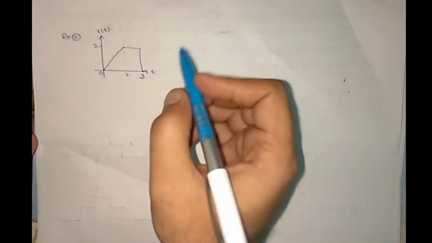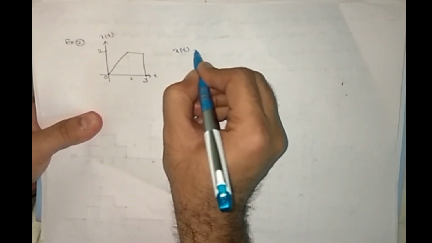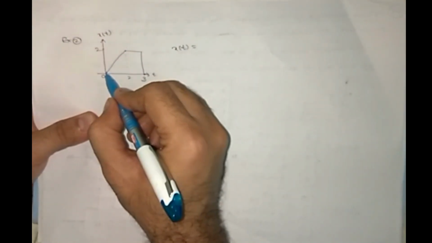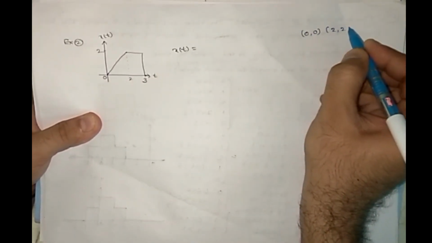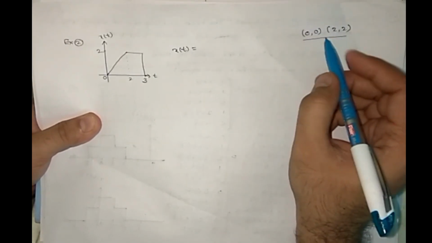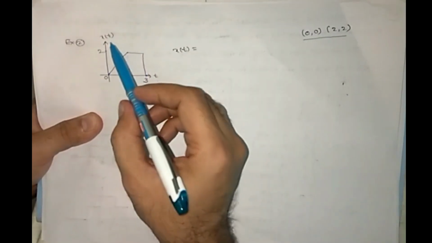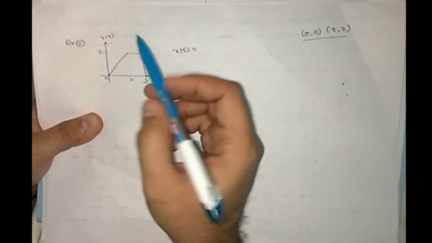Let us see example 2, the graphical representation of a signal. Let us write the mathematical equation for it. Here we have 2 points, 0 comma 0 and 2 comma 2. The x-axis is t and the y-axis is x of t.